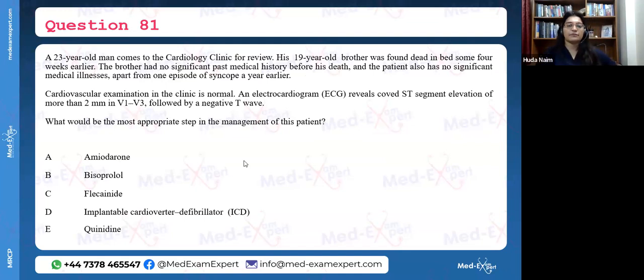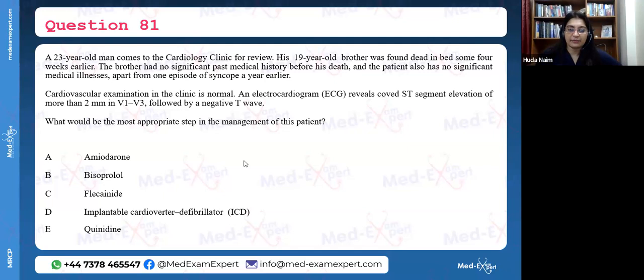So what is the patient suffering from? Brugada. Very good. The patient is suffering from Brugada syndrome. And what is the ion channel that is affected?